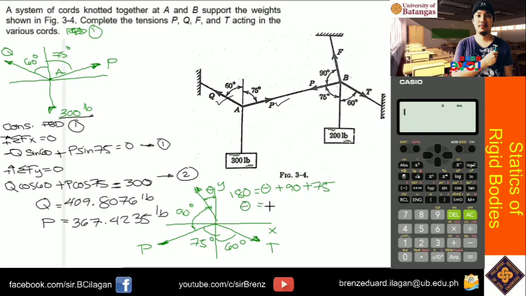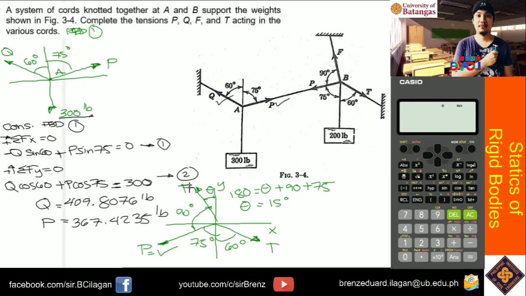Yung angle theta mo is just the difference of 180 minus 90 minus 75, or that is equals to 15.